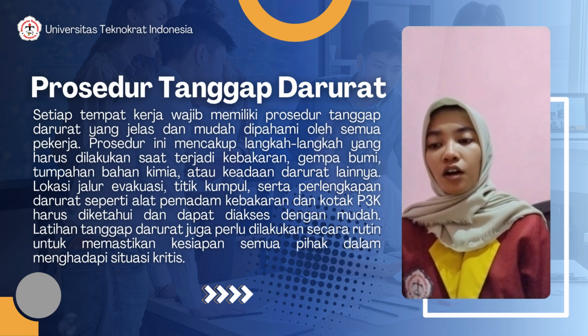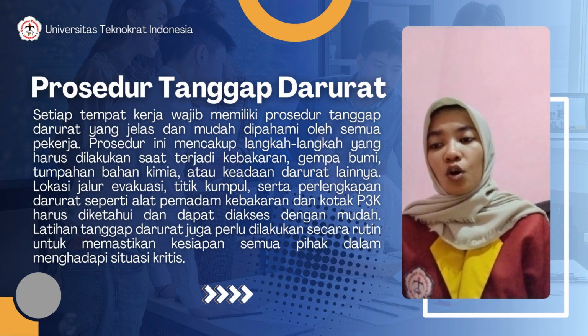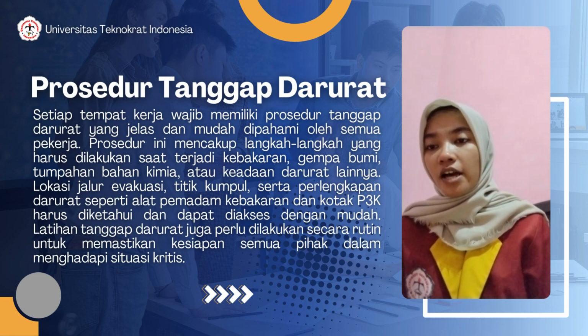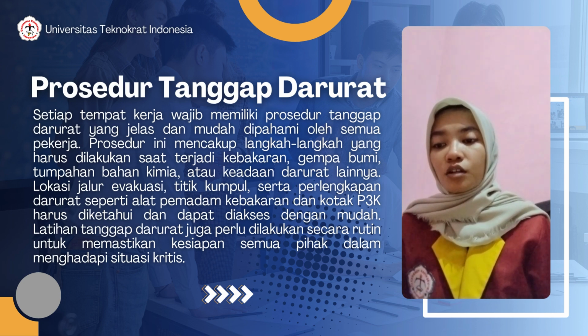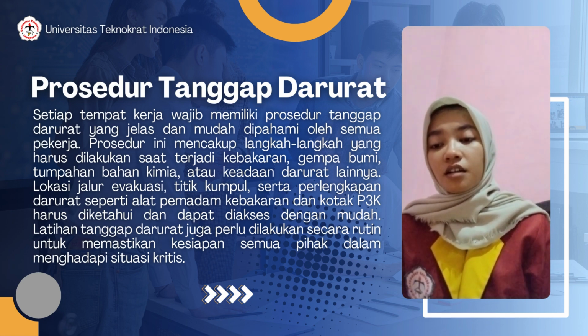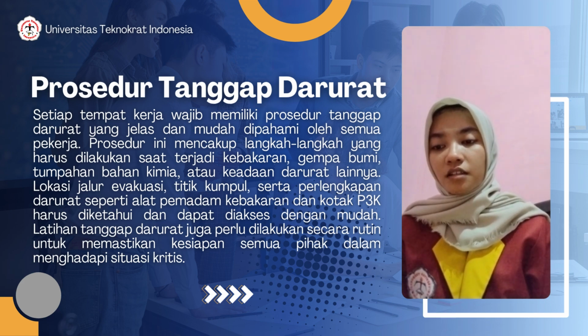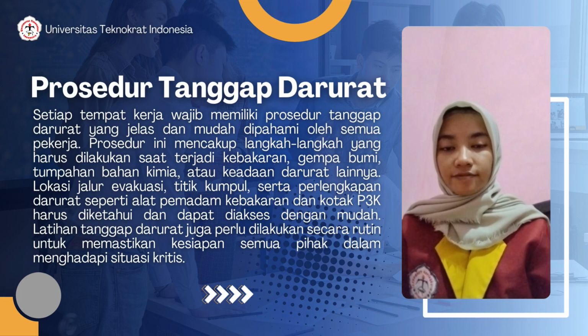The location of evacuation routes, assembly points, and emergency equipment such as fire extinguishers and first aid kits must be known and easily accessible. Emergency response drills also need to be carried out routinely to ensure the readiness of all parties in dealing with critical situations.